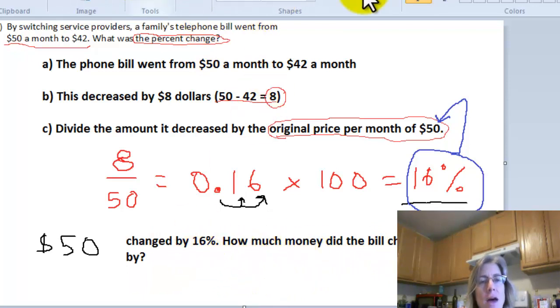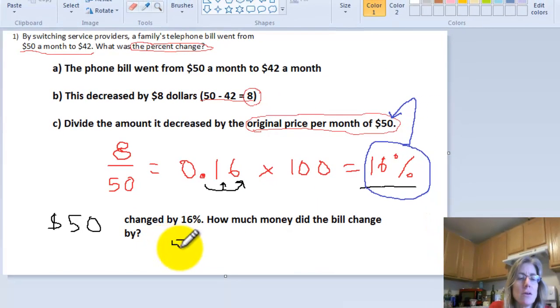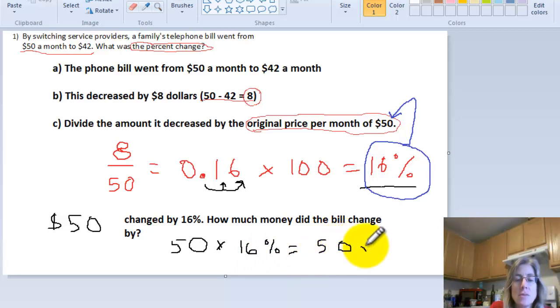What we would do for math on that would be $50 times the 16% should give us back our $8. So let's check the math. 16%, remember, becomes a decimal. So $50 times 0.16.